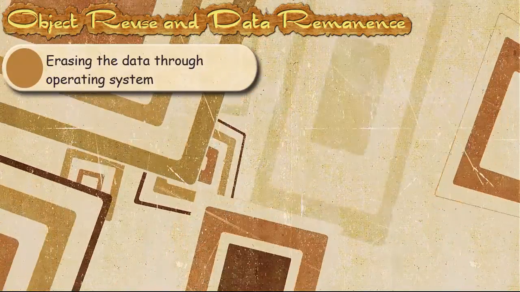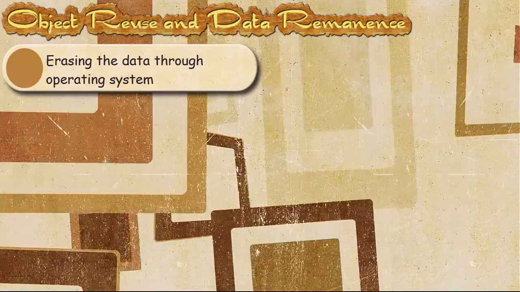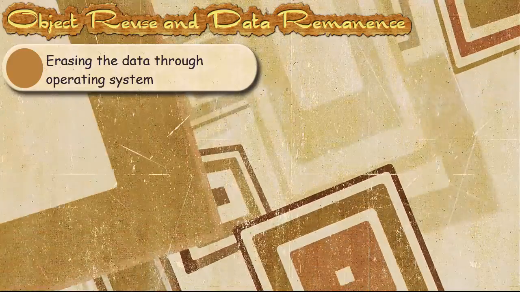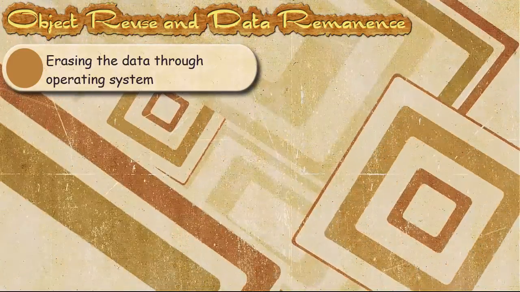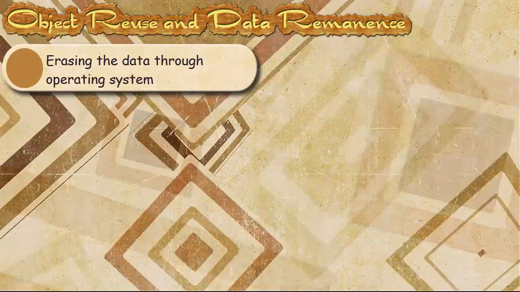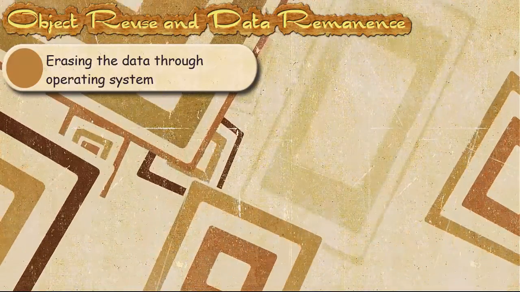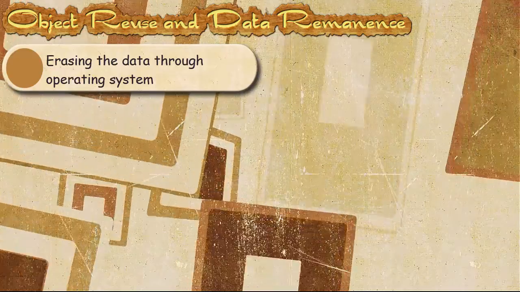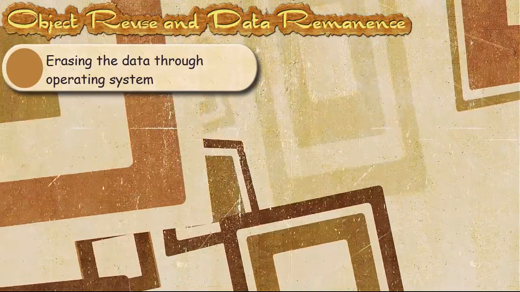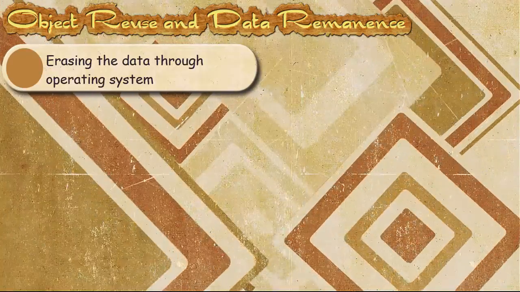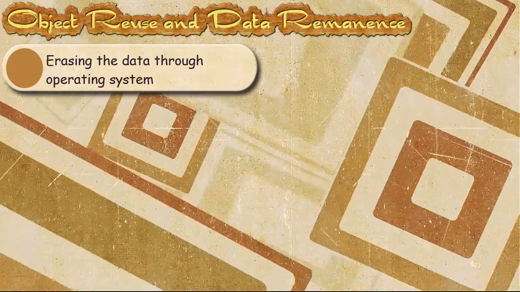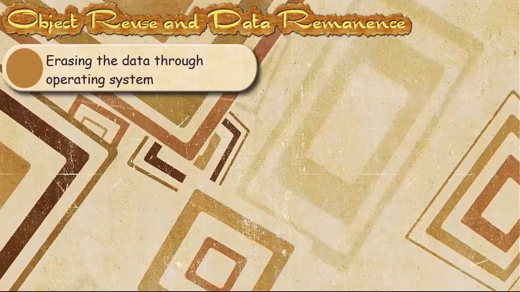One of the first problems is that people tend to erase through operating systems, but this does not remove all the data. It just changes the file allocation table and renames the first character of the file. This is the most common way computer forensics investigators can restore files.